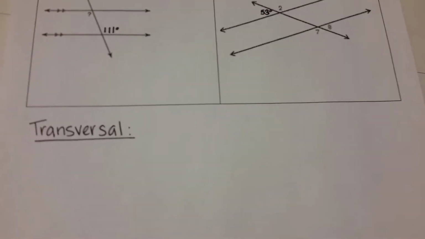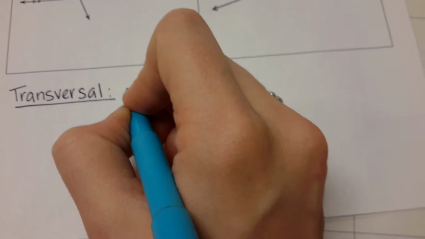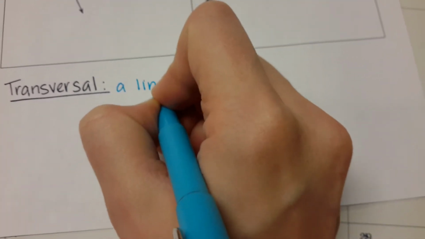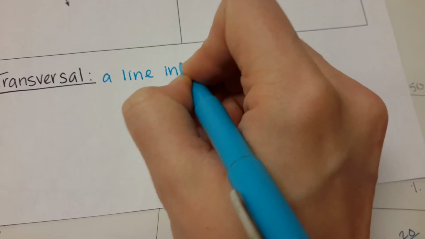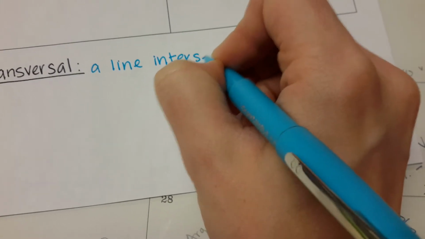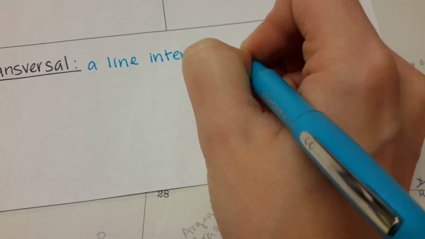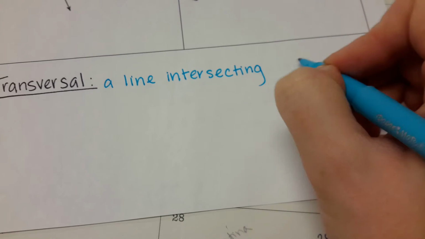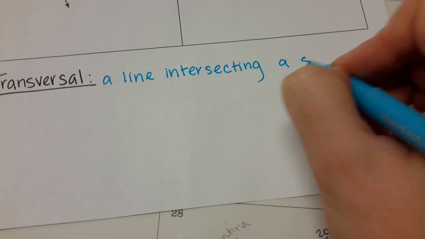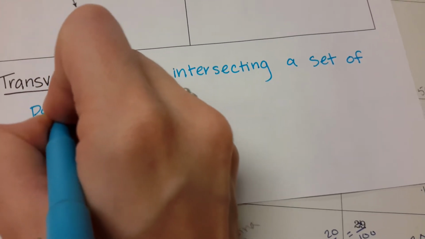First, let's begin by defining a transversal. A transversal is a line intersecting a set of parallel lines.